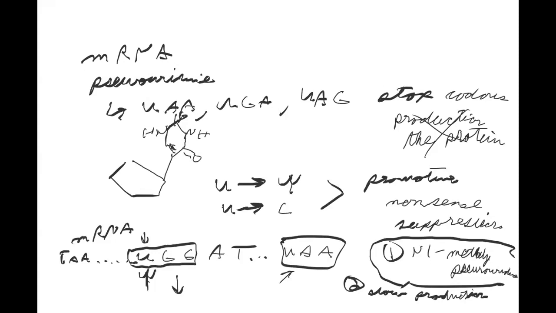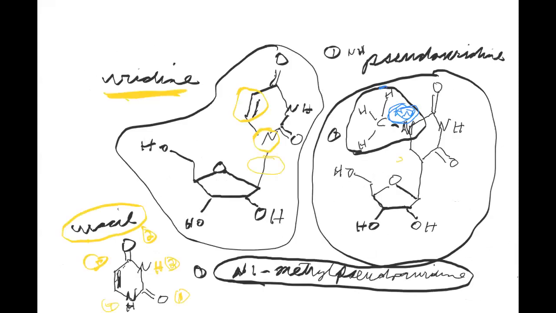The methyl group, and I'll say this in a different video also, actually flies underneath the radar and prevents the immune system from detecting it as a foreign product.